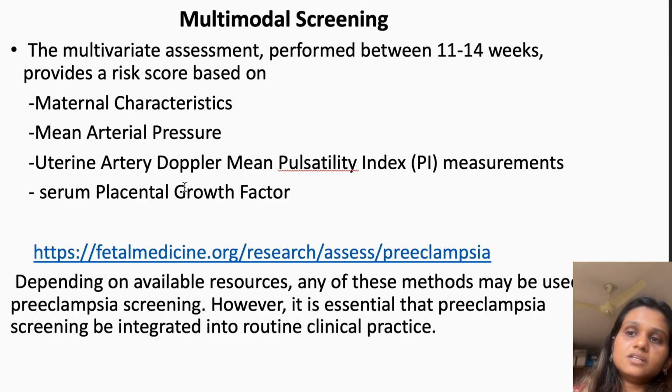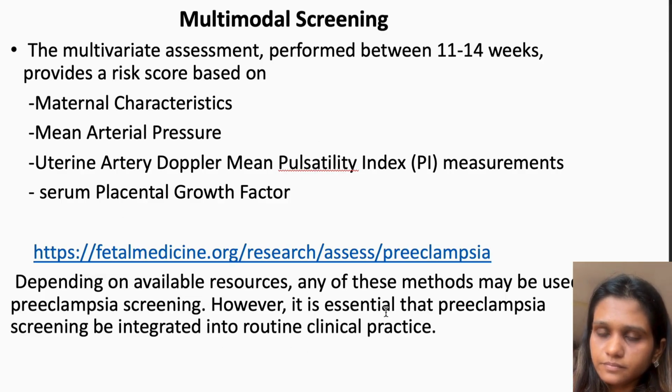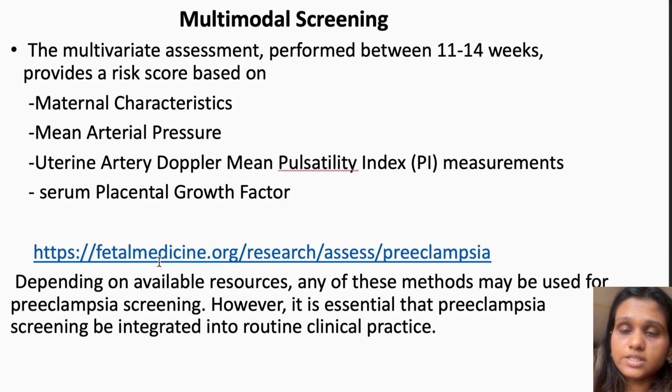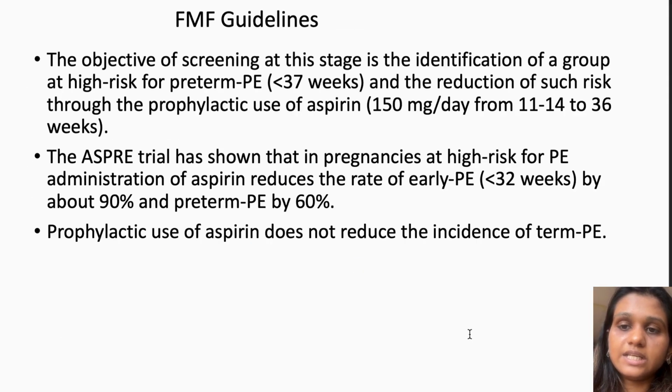This is a complicated one, and the calculator is available on the site of FMF. This is the link. Depending on available resources, any of these methods may be used for preeclampsia screening. However, it is essential that preeclampsia screening be integrated into routine clinical practice. This is what is important.